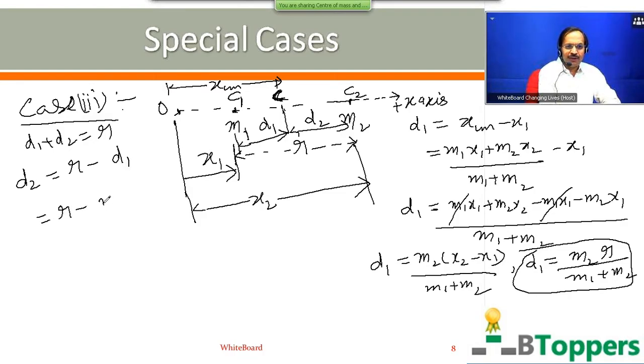So that you can write r minus m2r by m1 plus m2. This can be simplified further.